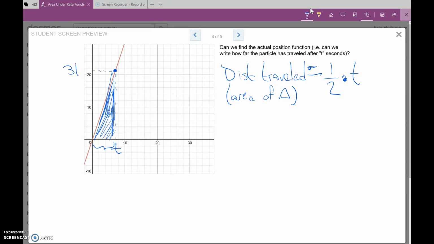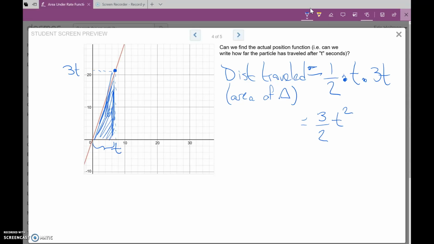So the height is 3t. If I go ahead and multiply this together, I get 3/2 t squared. So the total distance traveled at any given time, t, is 3/2 t squared.